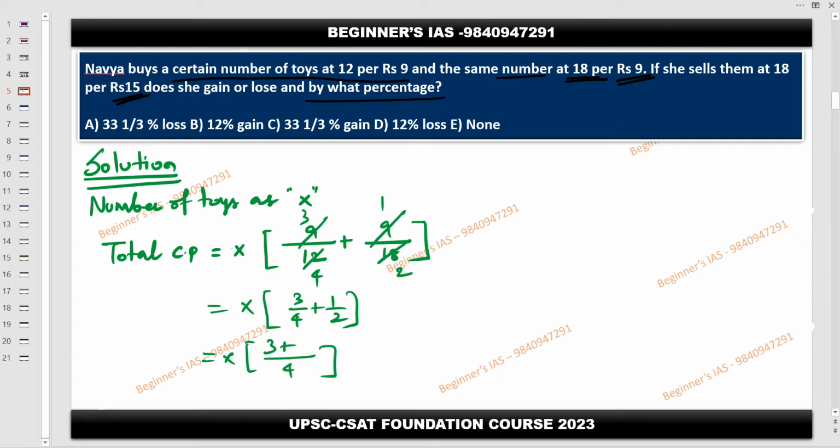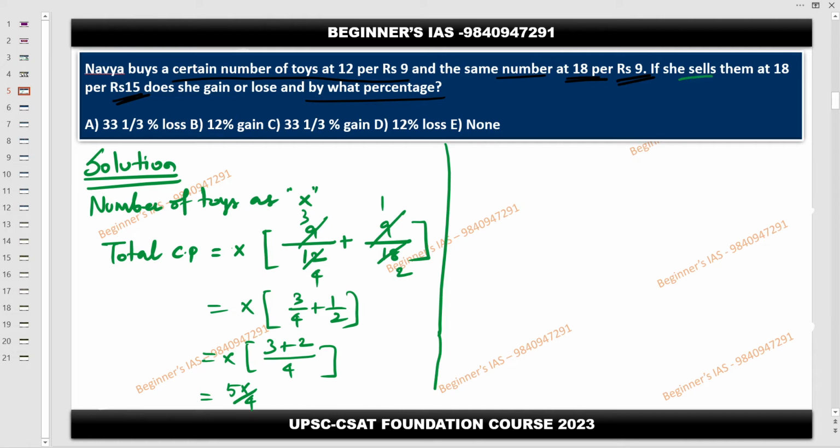Here 3, here 2 is there, therefore 2 into 2 is 4, then in the numerator you have to multiply by 2. So therefore 5x by 4, or you can consider this as 10 by 8. Just we will take 5x by 4, anyhow we are going to take the LCM. So after this you need to calculate the selling price. Now listen carefully here. Read the question.